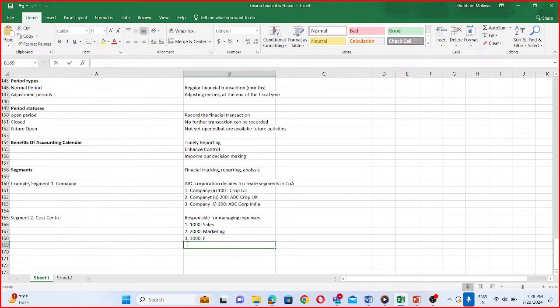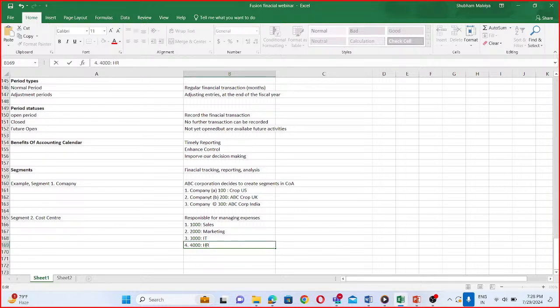Then the fourth, the code is 4000, that is the HR department.